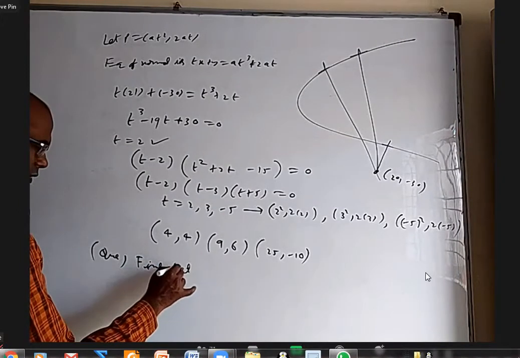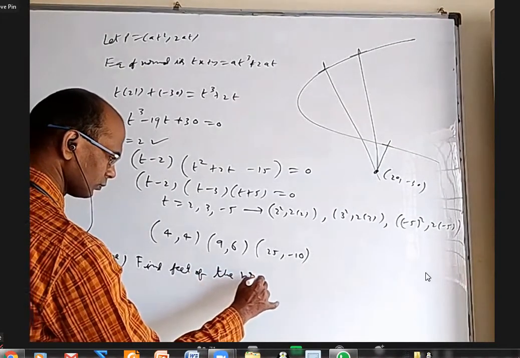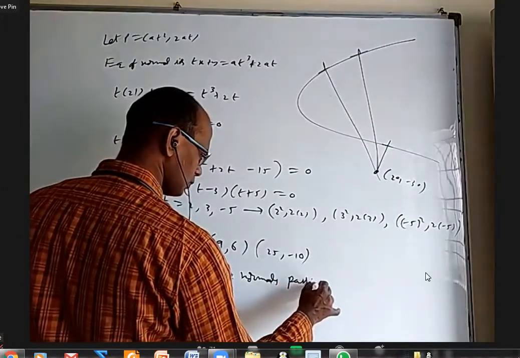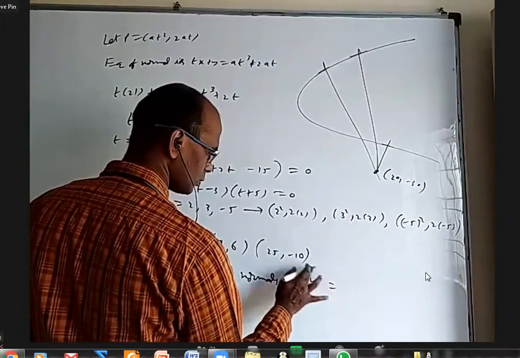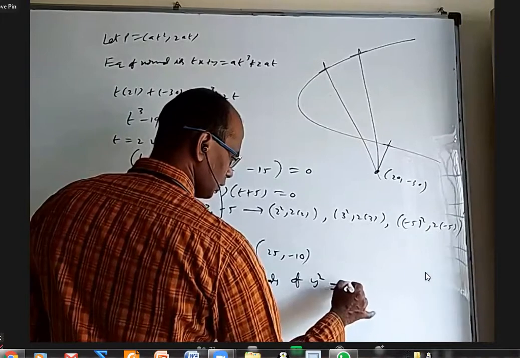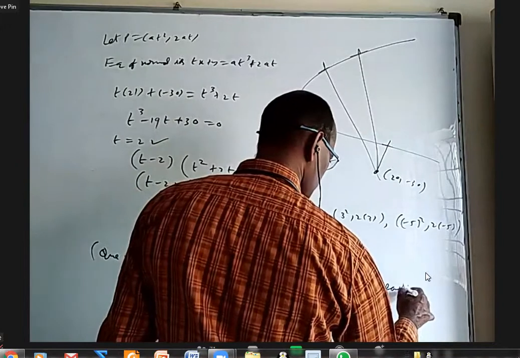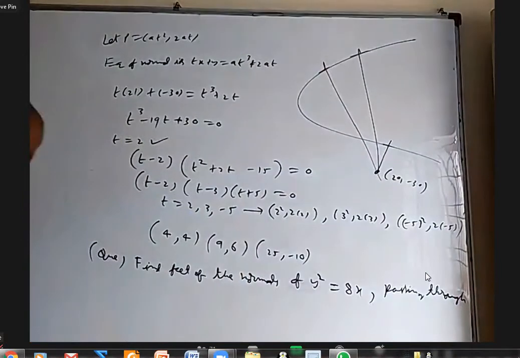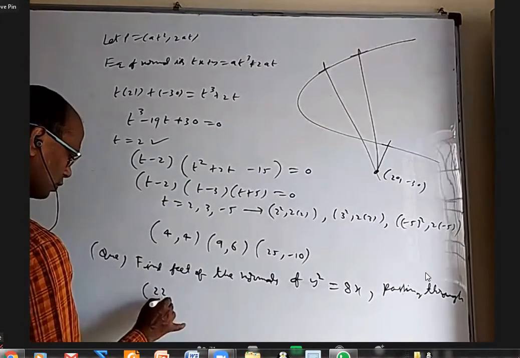Find feet of the normals of y square equal to 8x passing through (22, 0).